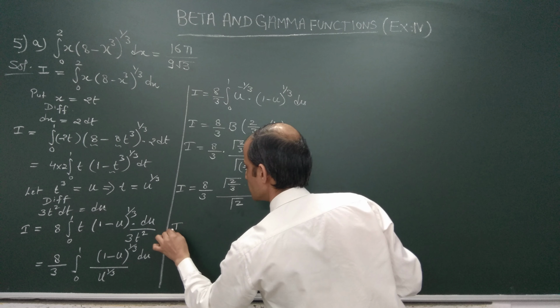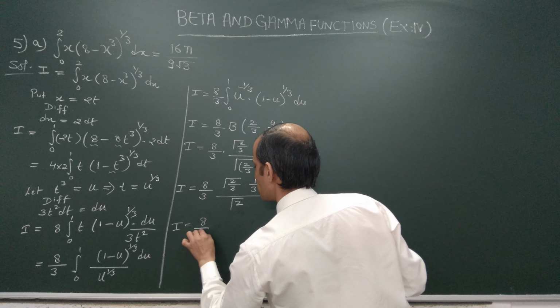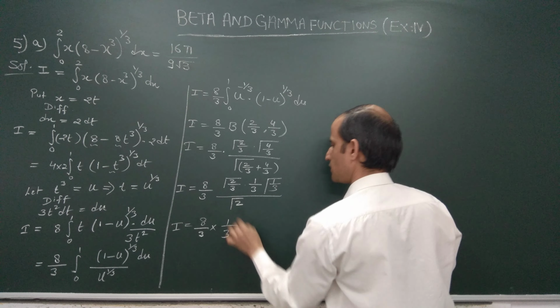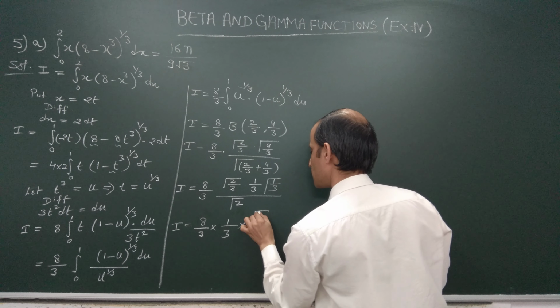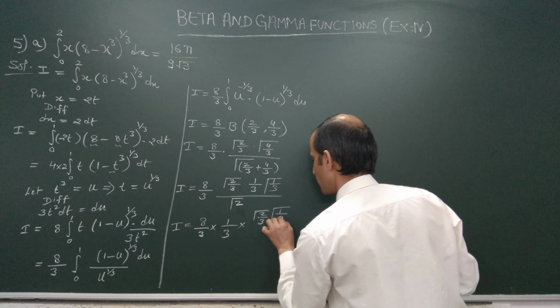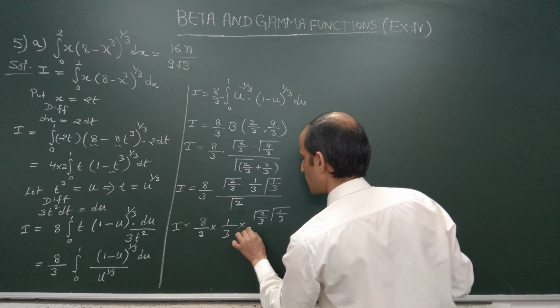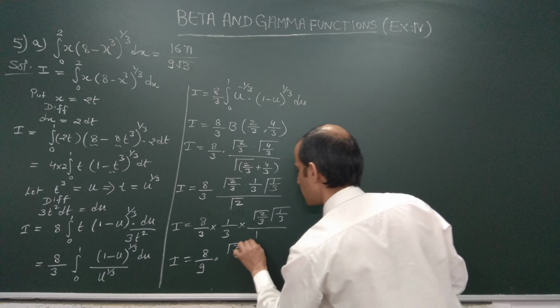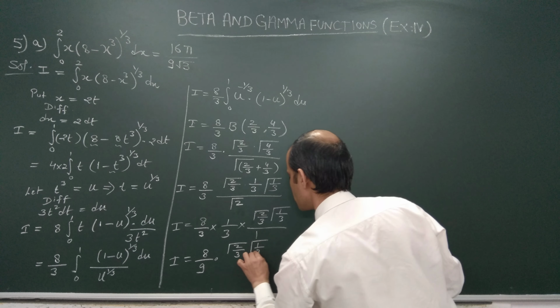And I is equal to 8 upon 3 into 1 upon 3 into gamma 2 upon 3 into gamma 1 upon 3 divided by gamma 2. Gamma 2 is 1. So I is equal to 8 upon 9 into gamma 2 upon 3 into gamma 1 upon 3.